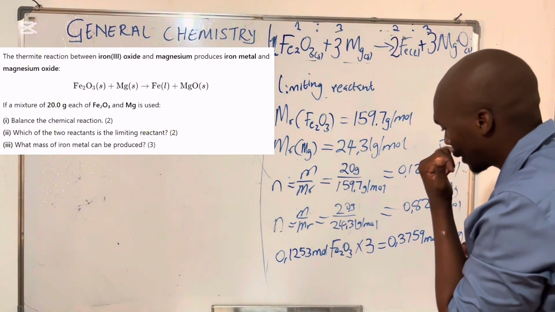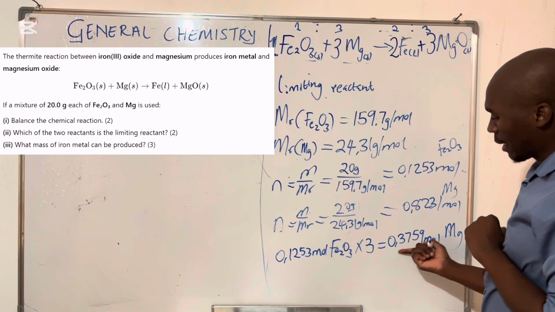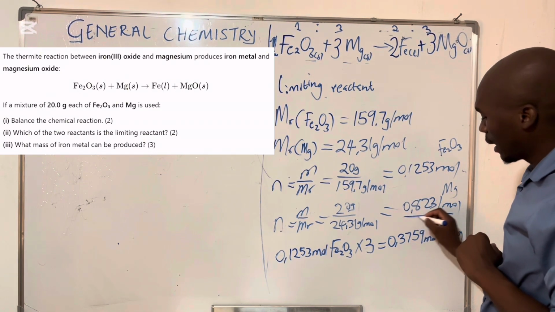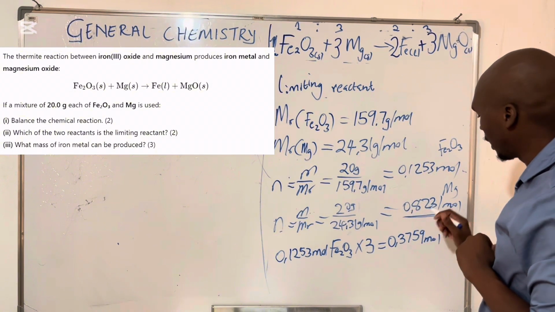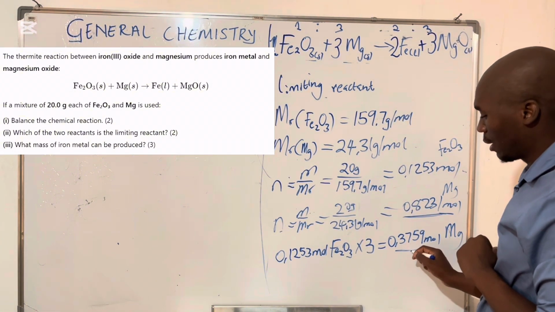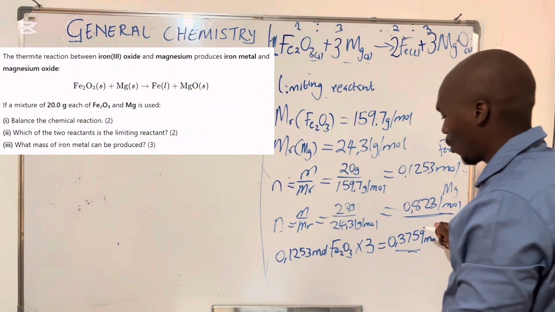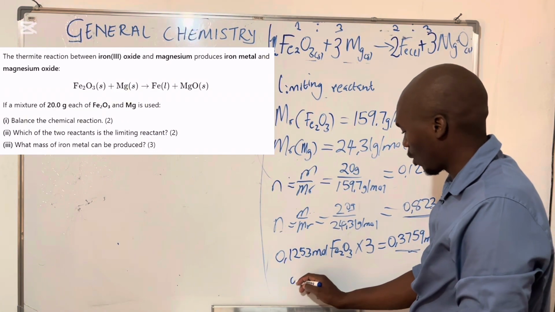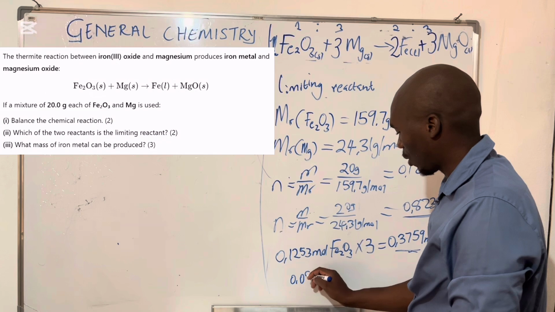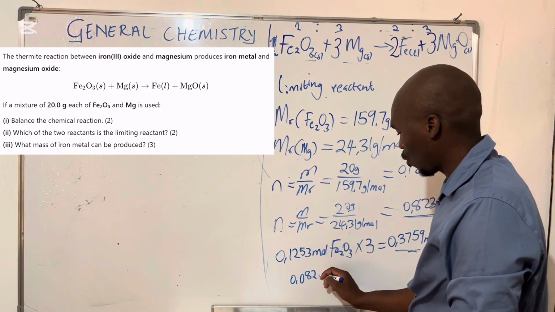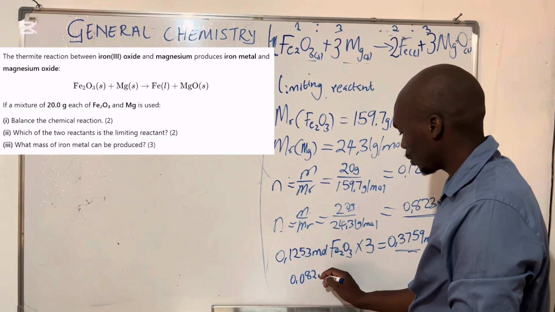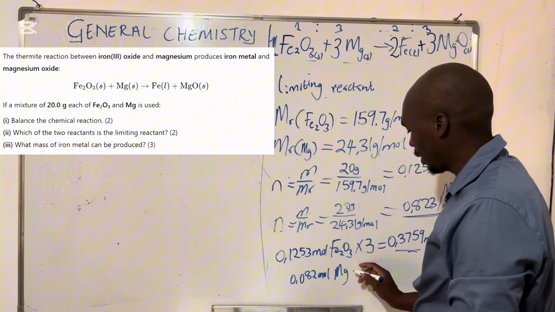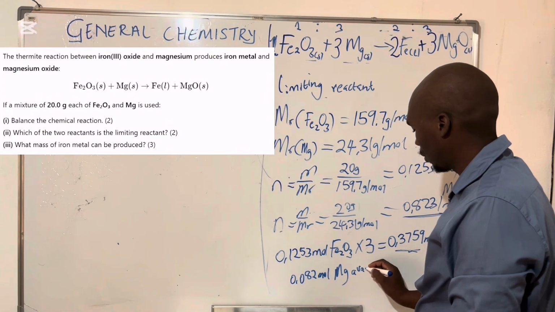So if you check it out, this simply means that the one that you got here, it's way too big than this one, meaning that now we have 0,082 mole of Mg available.